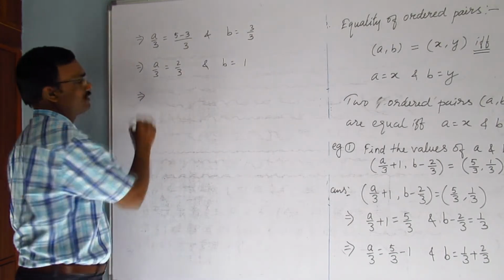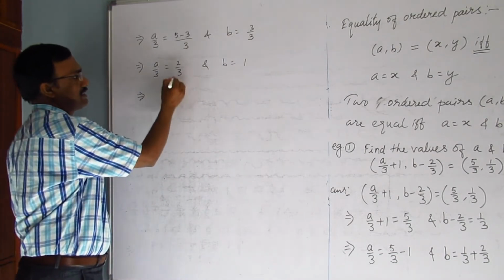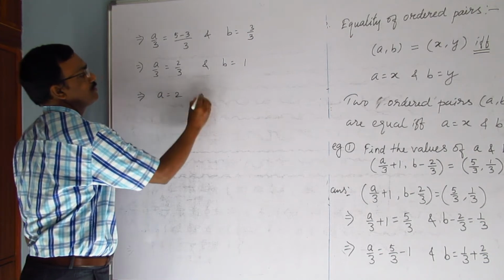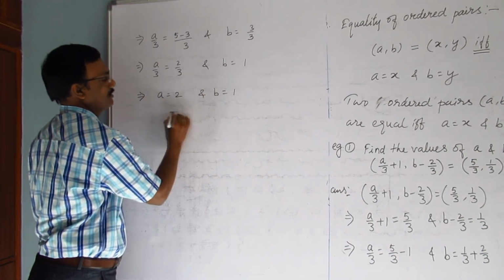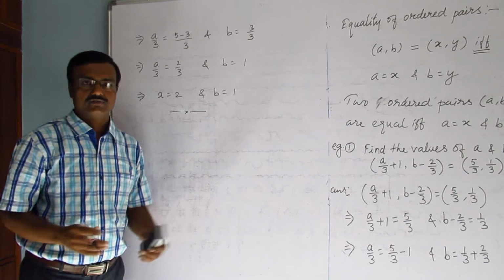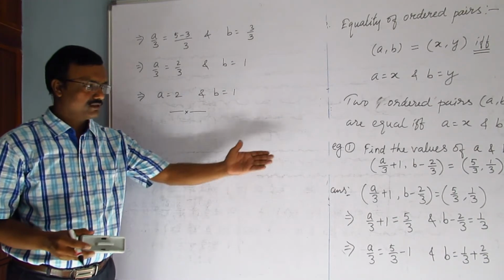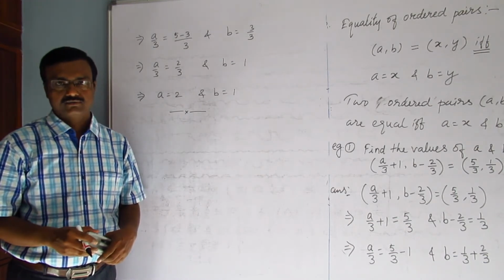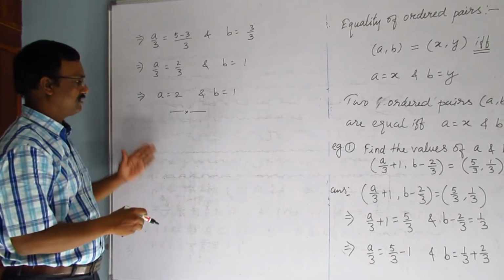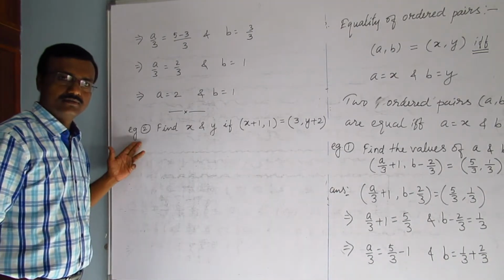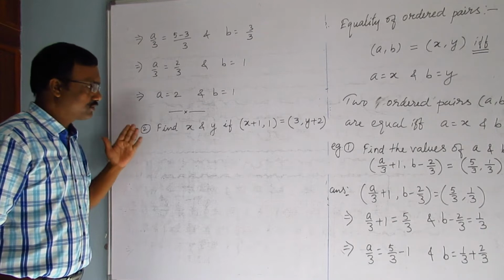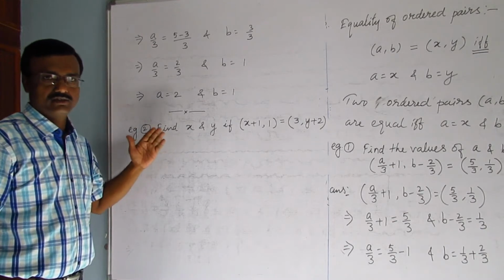So finally 3 and 3 get cancelled, a is equal to 2 and b is equal to 1. So by equality of ordered pairs we can do this example. So one for you students, this one. I know you can do this, so do it in the similar way.